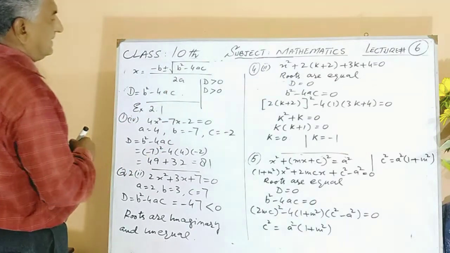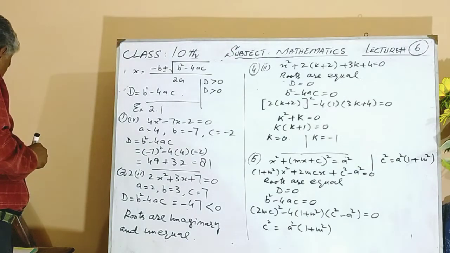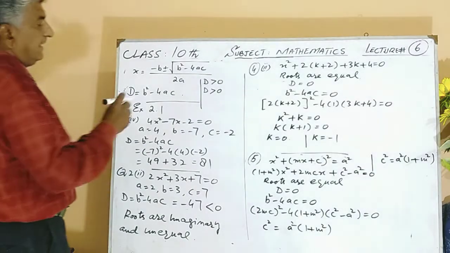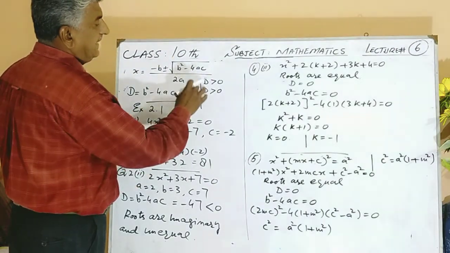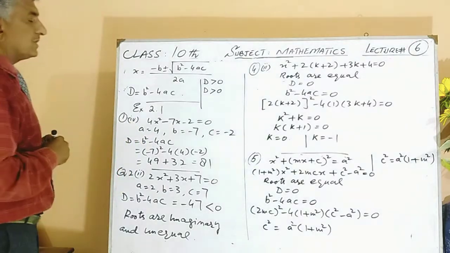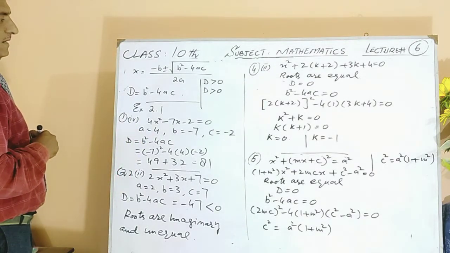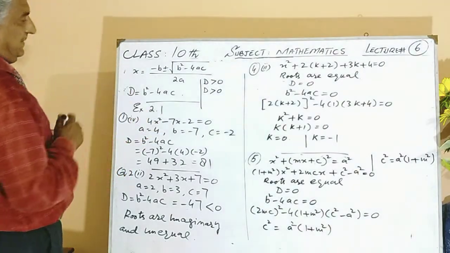At page 19 in properties, if you find d and d is positive, then you will say that roots are rational and unequal.